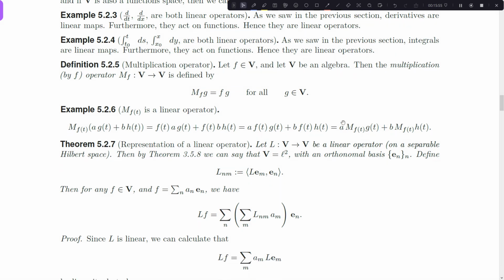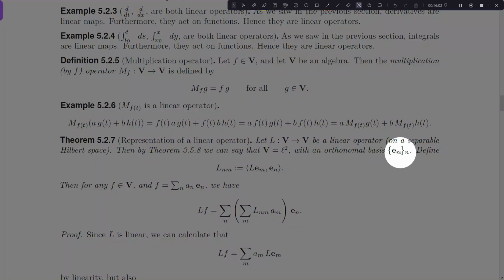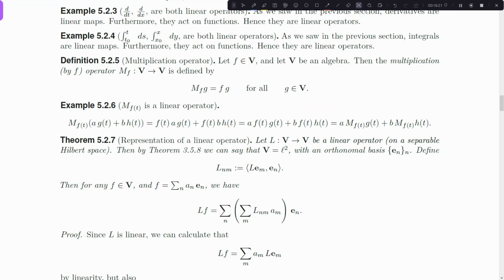So if I scroll down a little bit, what I'm going to do is start with a vector space, and this is why we encountered the vector spaces we did in the last chapter. So I'm going to start with a vector space with an orthonormal basis, E sub n, and then without loss of generality, I can let that be little L2. Okay, so I have my orthonormal basis in my vector space, and I'm going to define a number, a complex number, L sub nm.